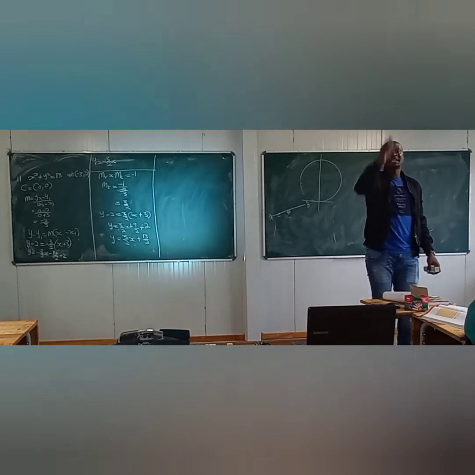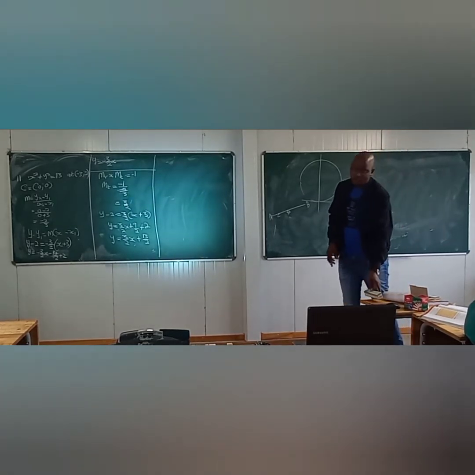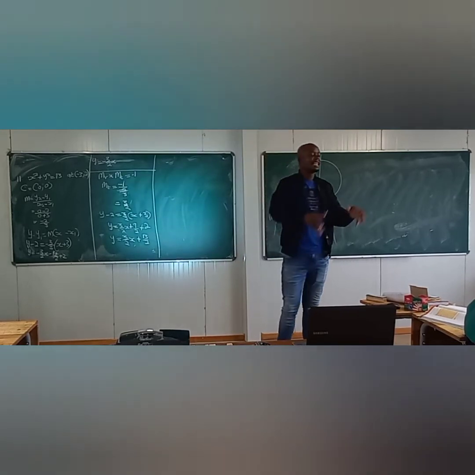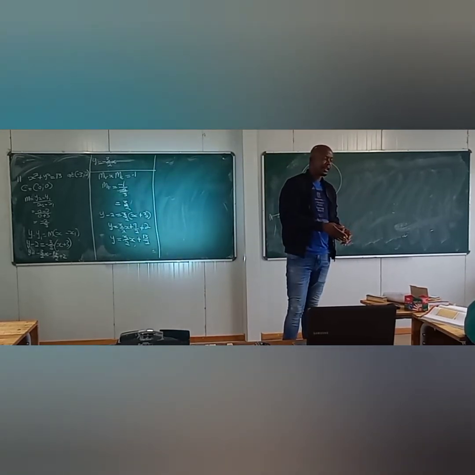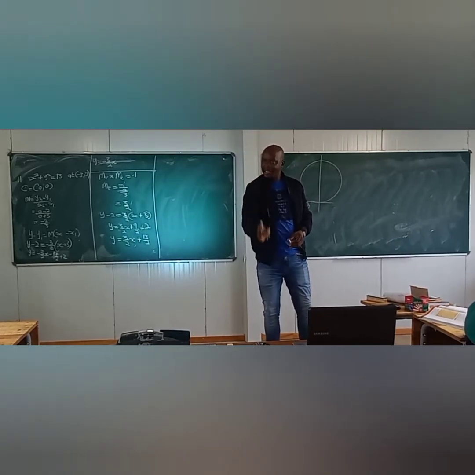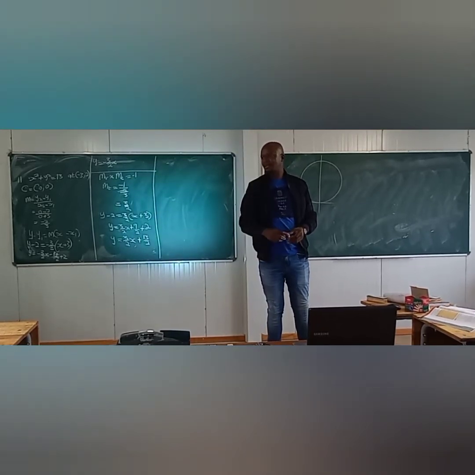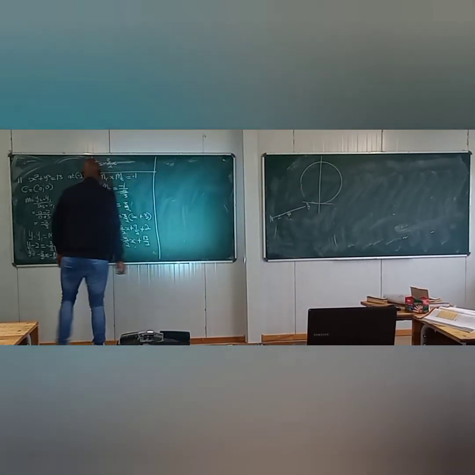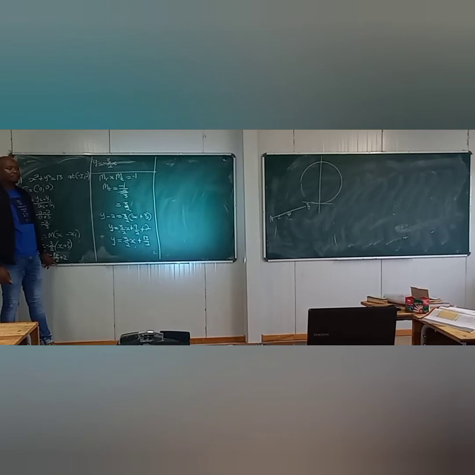Because the normal and the radius are on the same straight line, here I'm finding the gradient and the equation of the normal.